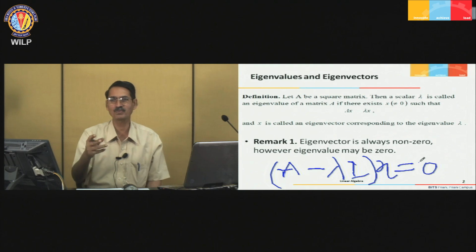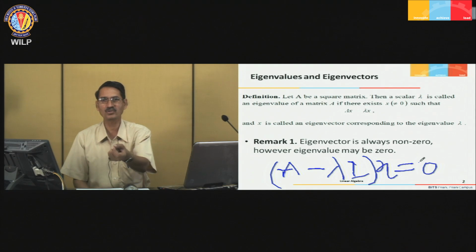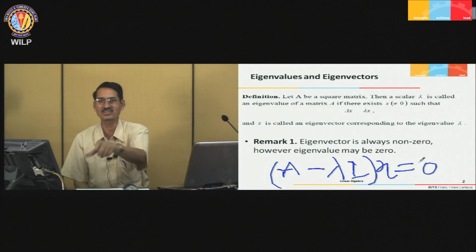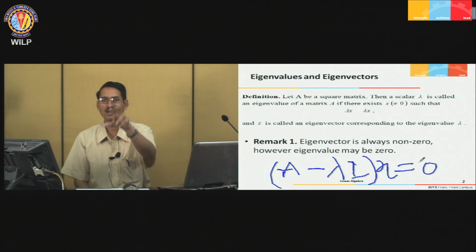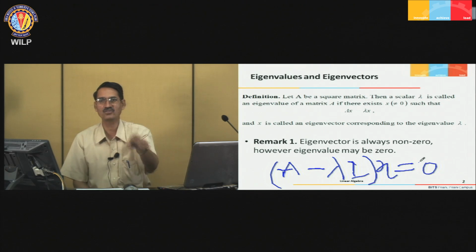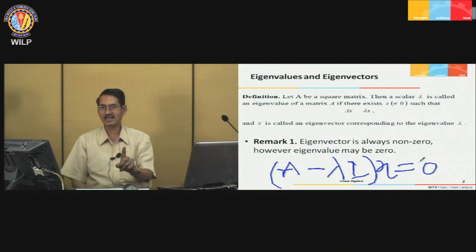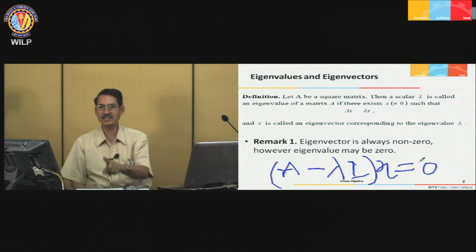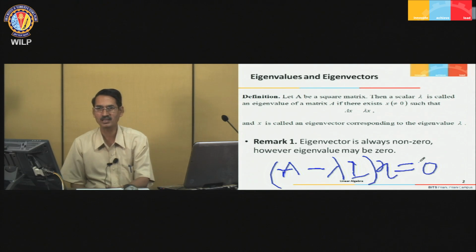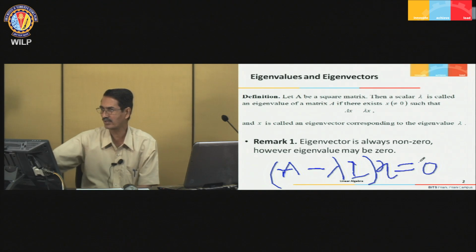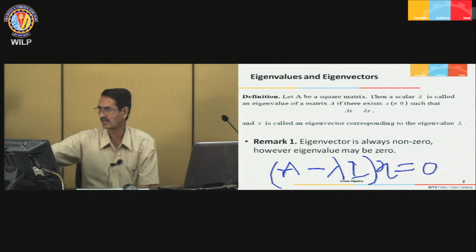So, suppose x is an eigenvector, then 2 into x is an eigenvector, 3 into x is an eigenvector, 4 into x, 0.56 into x, 1 by 4th into x are all eigenvectors, and so on and so forth. So, therefore, if x is an eigenvector corresponding to lambda, then c into x is also an eigenvector corresponding to lambda for every non-zero c.